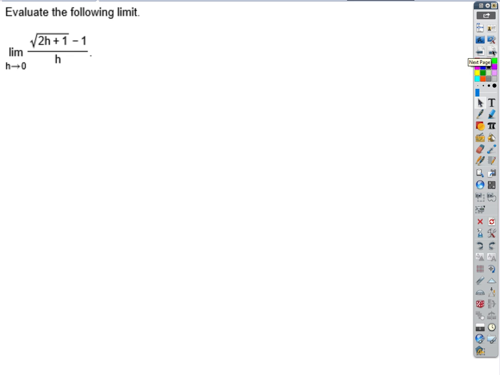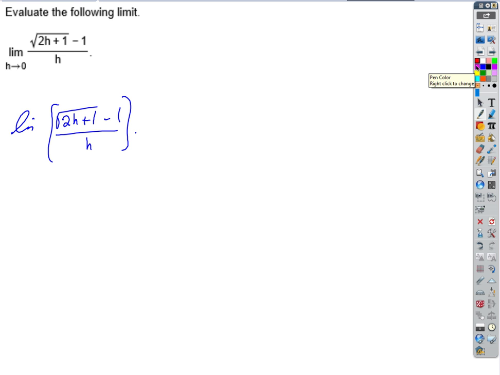What about one like this? What do I try first? Okay, try to evaluate directly. If I do that, what do I get? 0 over 0, right? So what's my recipe for eliminating that indeterminacy if we've got radicals in there? What do we always do? Multiply by a conjugate. Good, so we're going to take the limit of the square root of 2h plus 1 minus 1 over h times the conjugate.